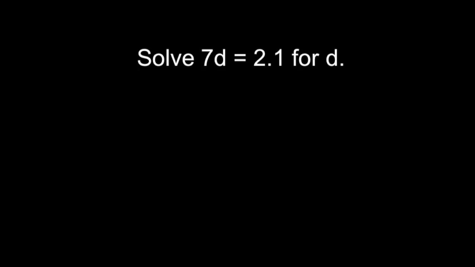Okay, one more. We've got 7d equals 2.1. We need to solve for d. If you don't see a symbol in between a number and a variable, it always means multiplication. So we've got 7 times d equals 2 and 1/10.